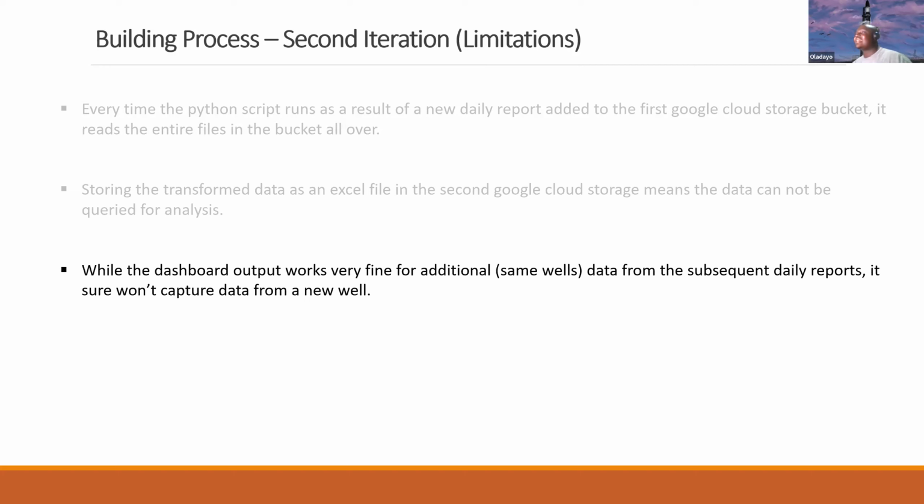And then another limitation is that while the dashboard output works very fine for additional data from subsequent daily reports, it won't capture the data from an entirely new well. Now we have 12 wells here. Let's assume that a 13th well is brought online, and then in our daily report, they include a 13th well there. It won't capture the 13th well.